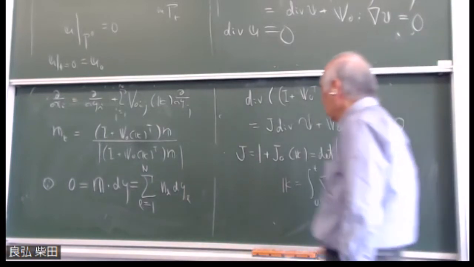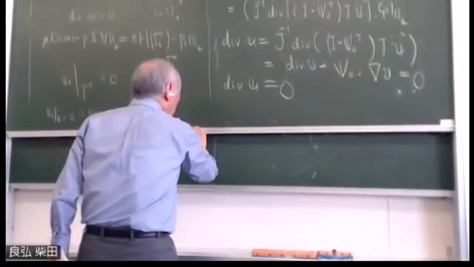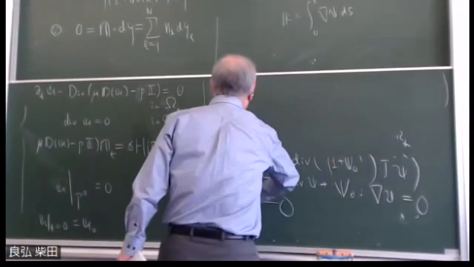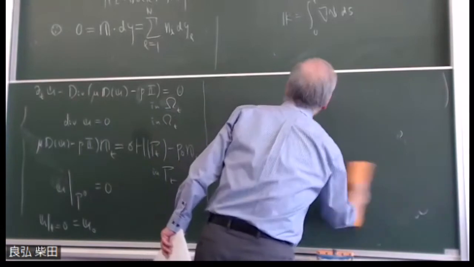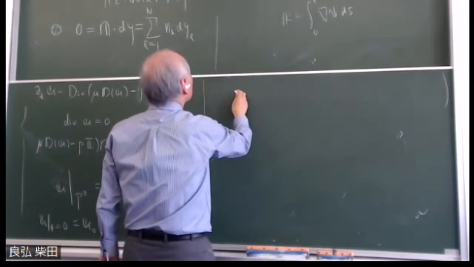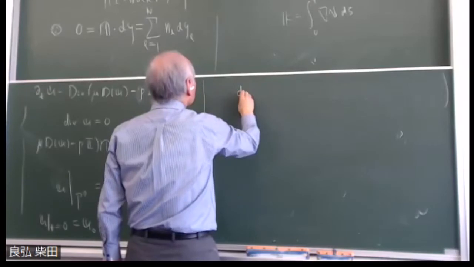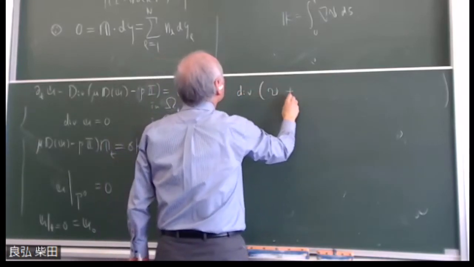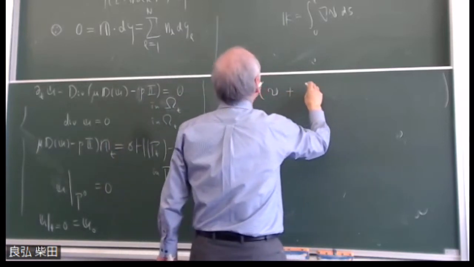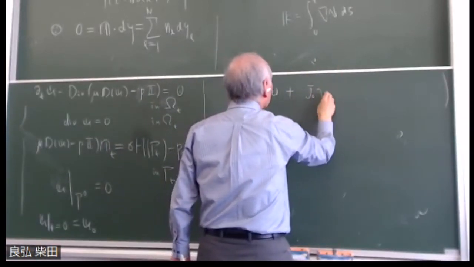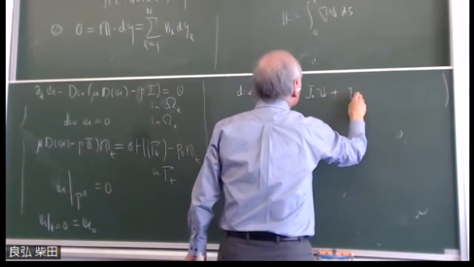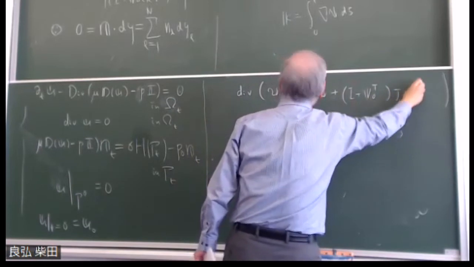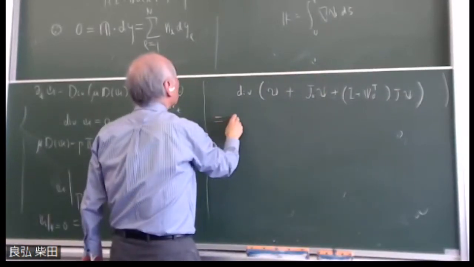So the above formula can be written: divergence v plus b0 transpose J v is equal to 0.